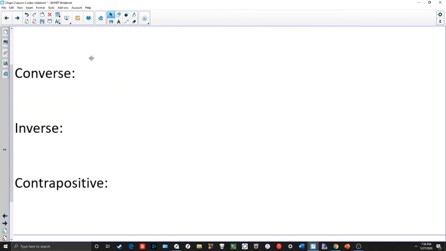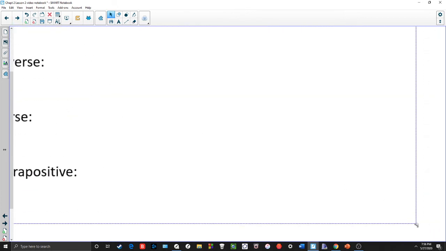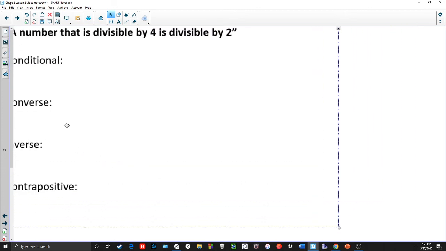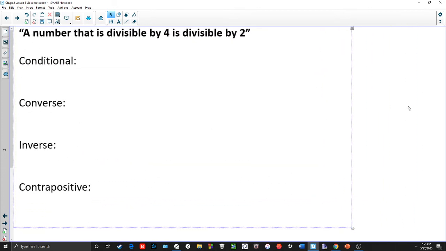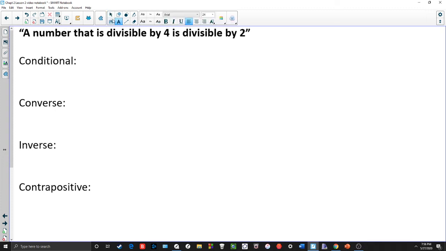So let's try one that's a little bit more mathy in focus here. Let me shorten this up a little bit so I can get all of it on screen. So a number that is divisible by 4 is divisible by 2. So again, let's do our conditional here.